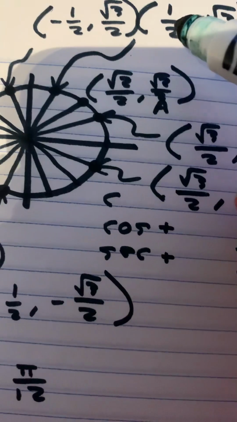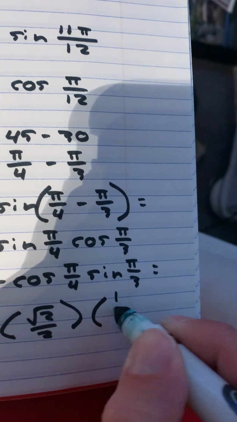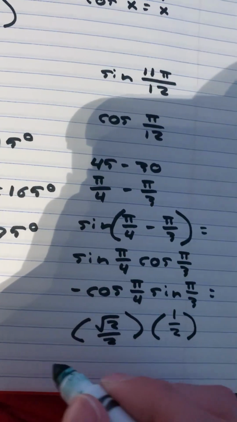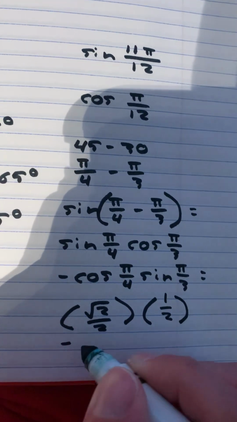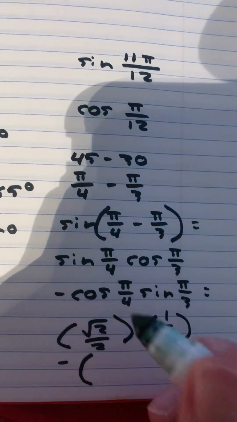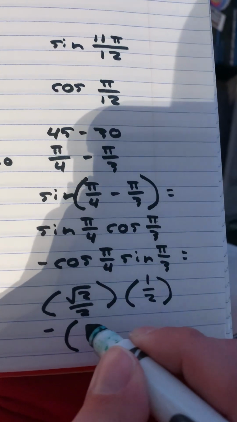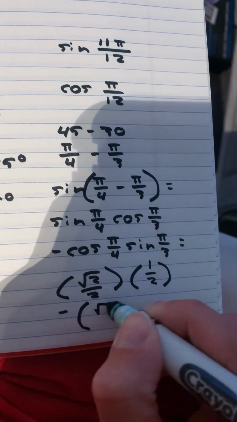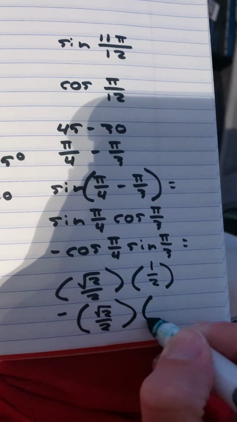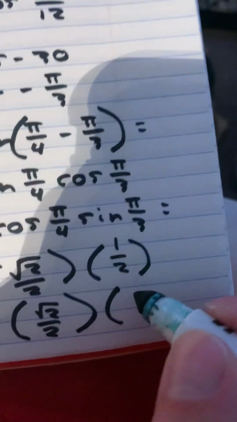And the cosine is x, so that should give me 1/2. Minus cosine of pi over 4, and you know that's going to be the square root of 2 over 2. Times the sine of pi over 3, which is the square root of 3 over 2.